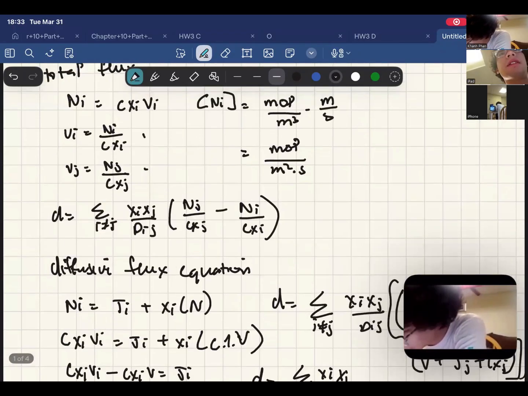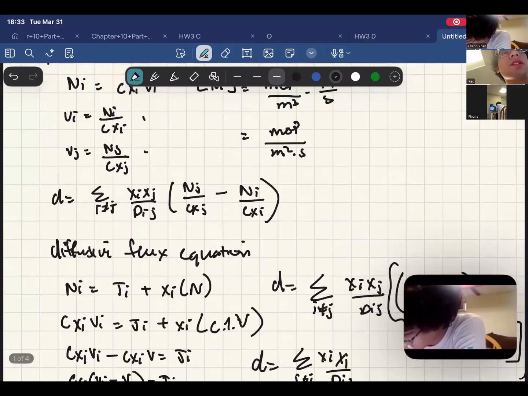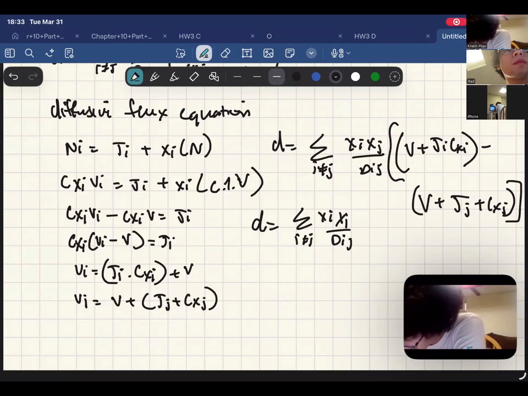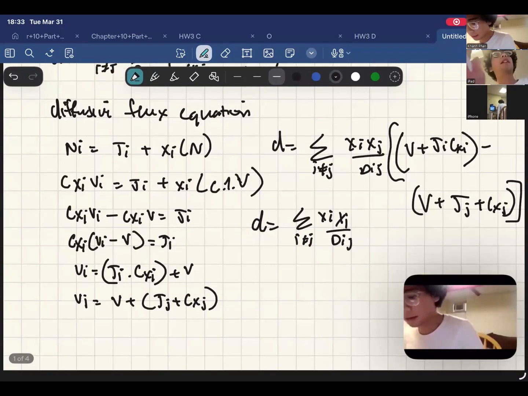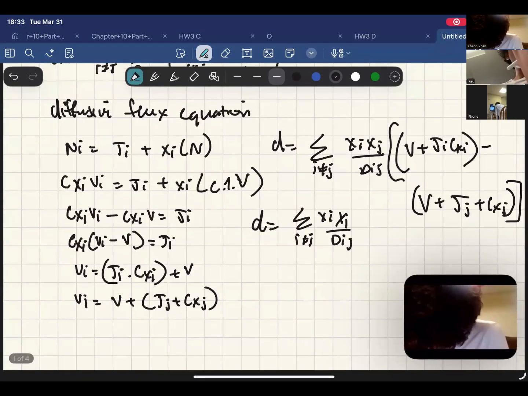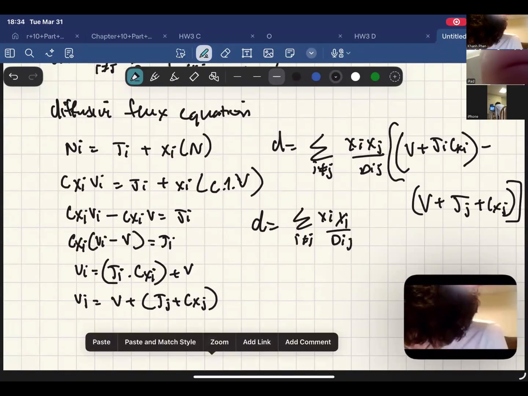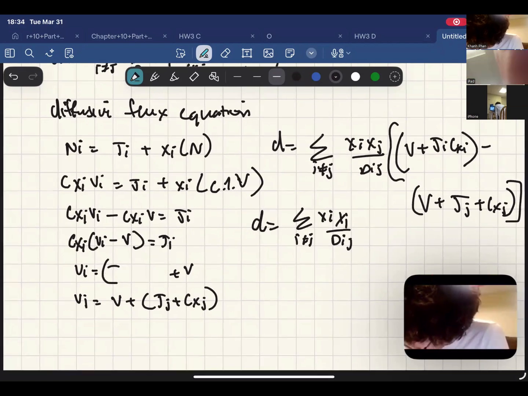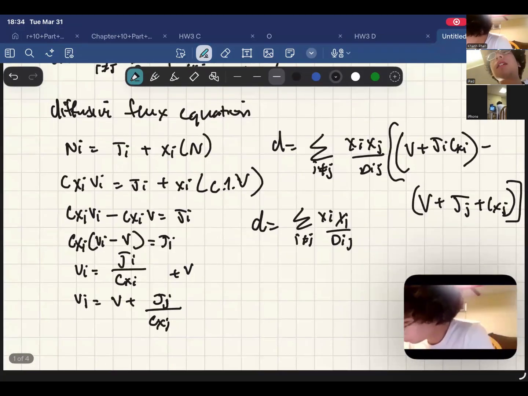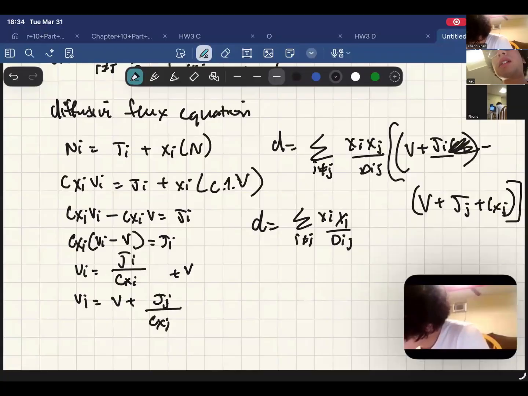I'm sorry, I think I made a mistake over here. So v_i should be equal to J_i over c x_i plus v, and same for here. I'm sorry about that.